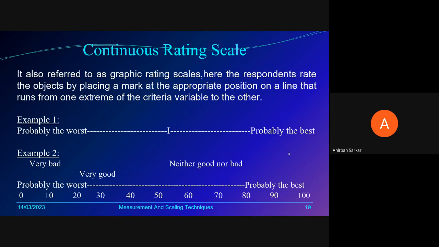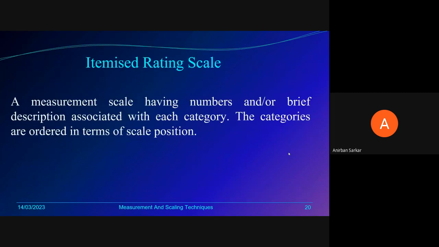You see here, there are two versions or examples given. One is starting from probably the worst to probably the best, and in this scale you can put your mark anywhere. If you put it on the left hand side, it tends towards worst, and if you mark it towards the right hand side, it tends towards probably the best.